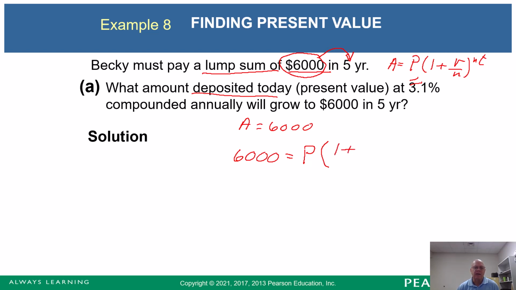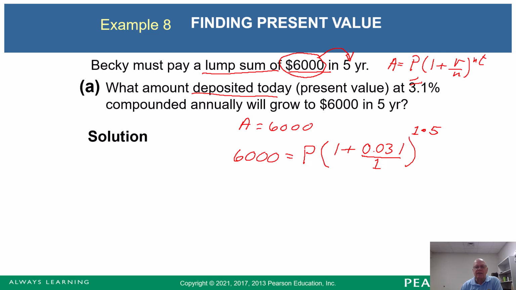1 plus rate is 3.1%, which is 0.031. It's compounded annually, so we'll just put 1 down here. And just to remind ourselves, we'll put that 1 up there as well. And it's after 5 years. So we have to solve for P. Now you could take those one piece at a time.